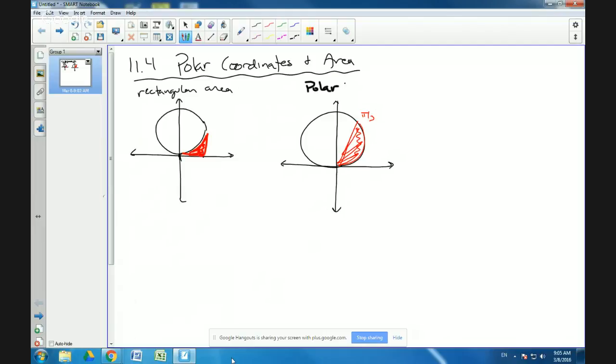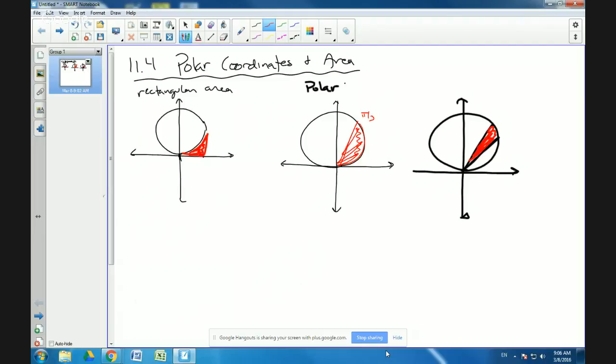Basically, you're looking at pie slices. If I were to draw any one of those slices in there, you're sweeping the area inside that curve from the origin to the outer edge, instead of with rectangular, between the x-axis.